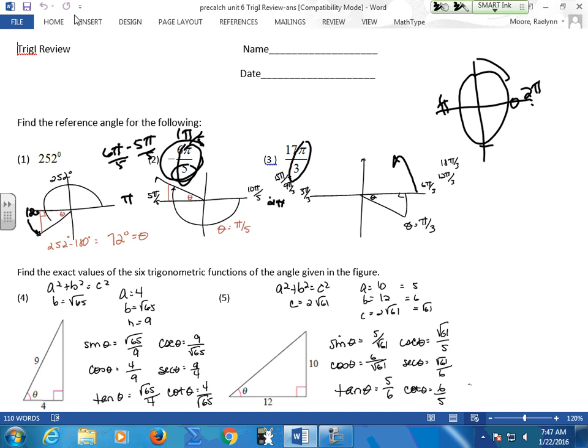So just do it in thirds, with the 3s in your denominator. And there's your little reference angle in there. It has to be the acute angle. The answer for that one is in quadrant 4, pi over 3. It's a 60-degree angle, pi over 3.